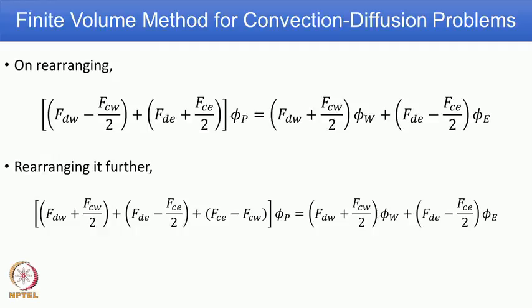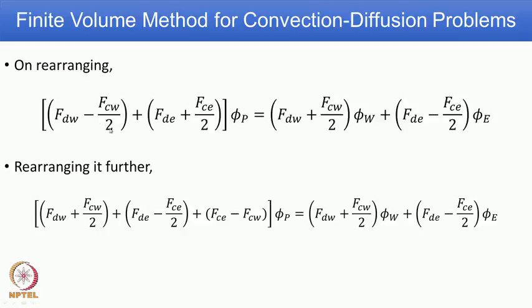We do one more rearrangement, and we will understand why we are doing this rearrangement. So, this F_Dw is retained and we would like to have F_Cw by 2 with the minus sign. So, what do we do? We add the F_Cw full term and then subtract. So, eventually this F_Cw by 2 positive and minus F_Cw which is added newly will result in minus F_Cw by 2.